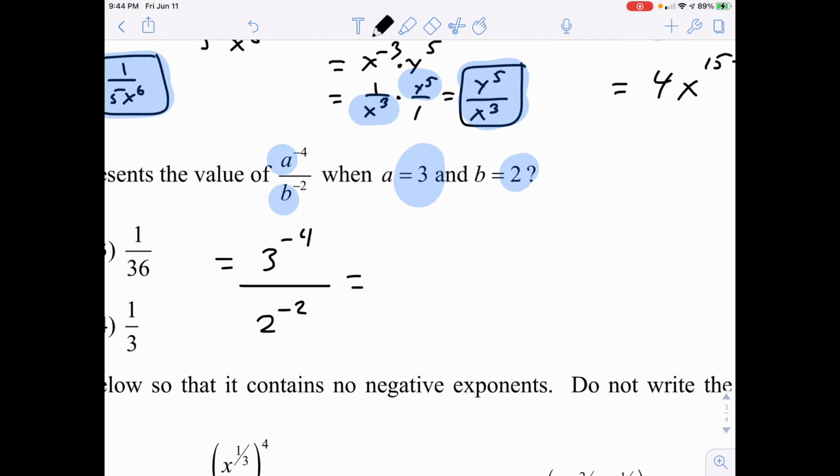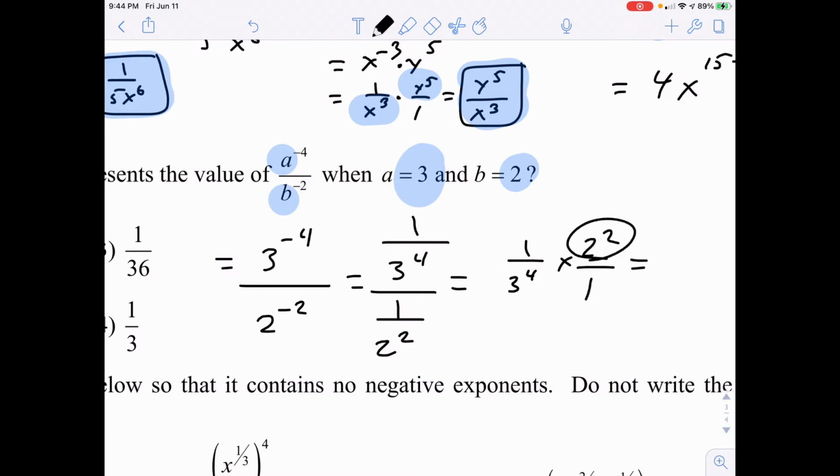Well, that's the same as 1 over 3 to the 4th power divided by 1 over 2 to the 2nd power. And when you're dividing a fraction by a fraction, you reciprocate and multiply. So that's the same as 1 over 3 to the 4th power times 2 to the 2nd power over 1, which is 4 over 81.